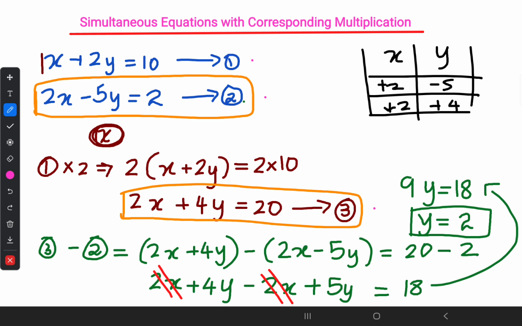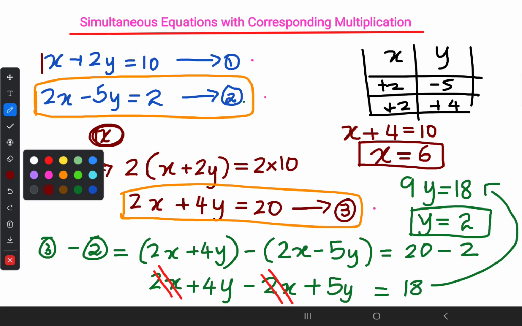I will use the first equation and substitute this value for y. So x plus 2 times 2, which is 4, equals 10. After solving, we get x as 6. So y equals 2 and x equals 6. These are the desired solutions.